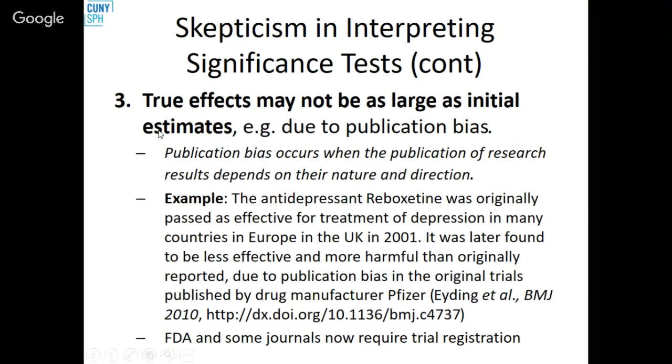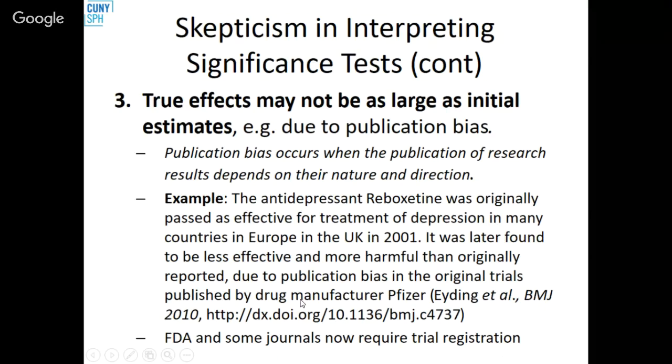A related thing is that the true effects are often not as large as the initial estimates, and that can also arise from publication bias. This occurred in a very famous case of the antidepressant reboxetine, which passed a clinical trial and was estimated to be very effective for treatment of depression.